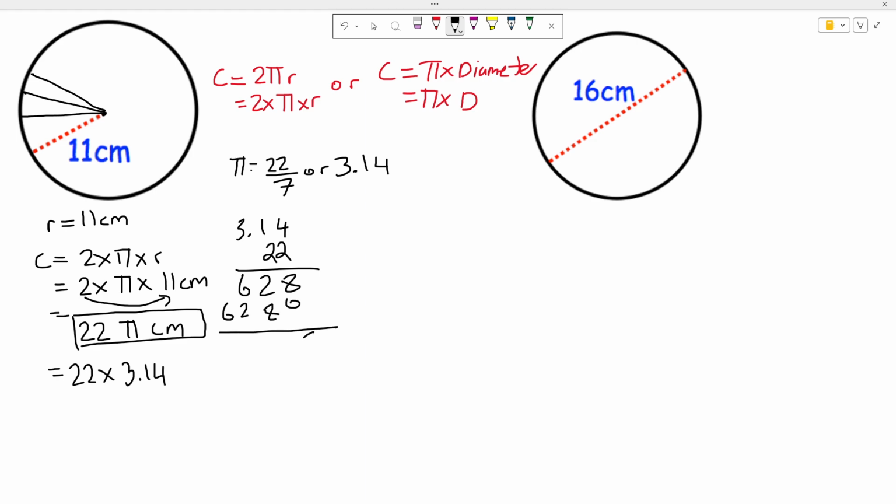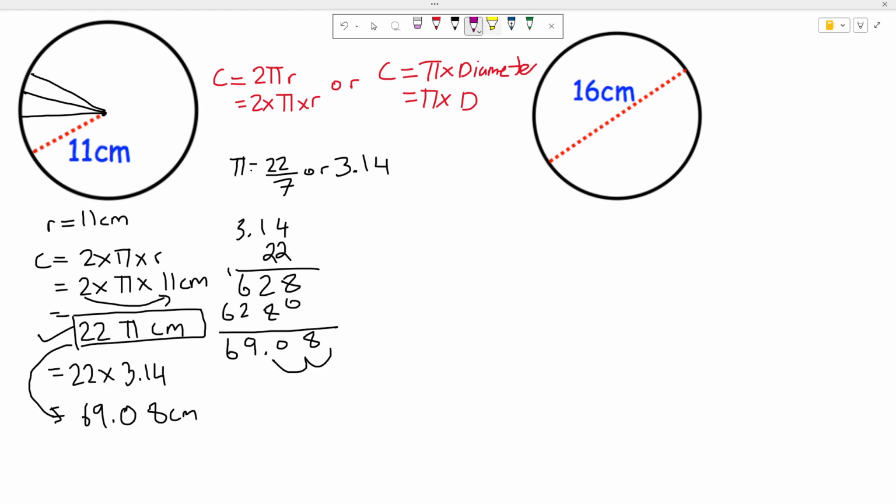Let's add them up. So we have 8, 10, 9 and 6. We have 2 decimal places, so we'll go 2 decimal places and put a decimal point. So the answer will be 69.08 centimeter. Again, if the question is asking you to leave it in terms of pi, you just leave it like this, or you can substitute with 3.14 and get the answer.